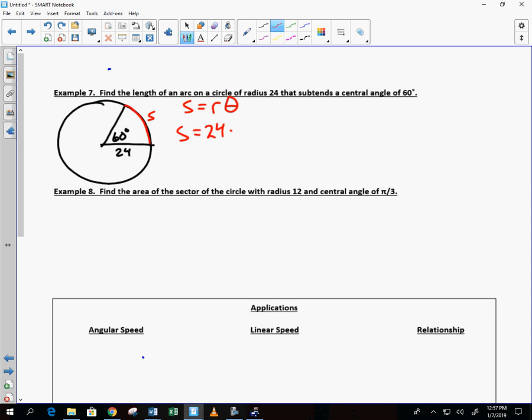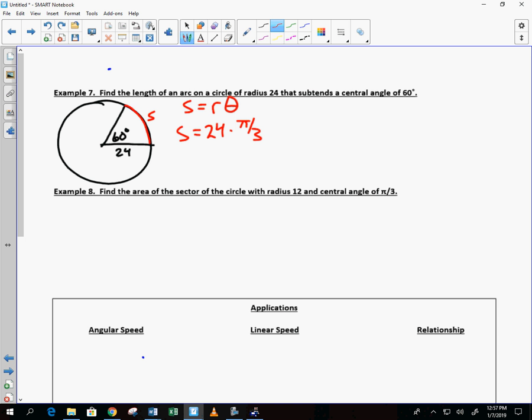And that's where you get the problem wrong on the test. This is a really nice formula to use, but it has a condition. Theta must be expressed in radians. So it's pi over 3. 60 degrees is the same as pi over 3. As long as you do that, you can use this formula.